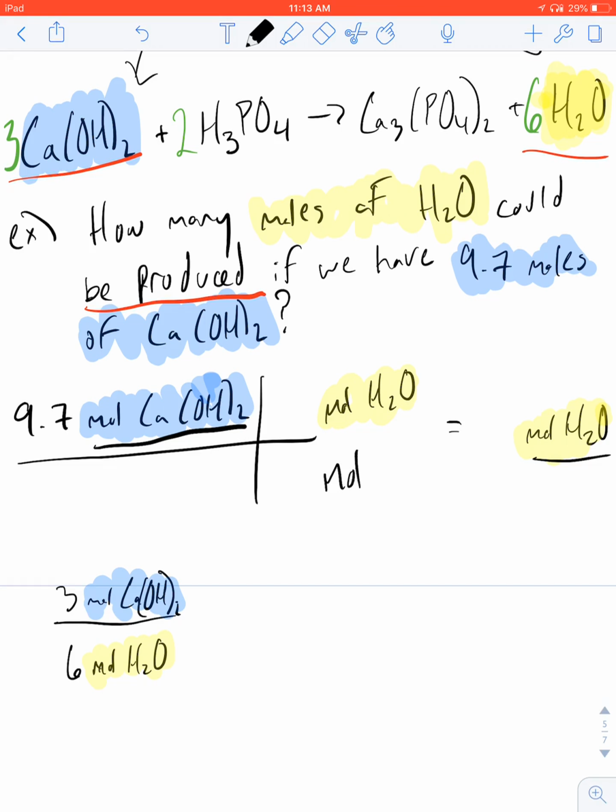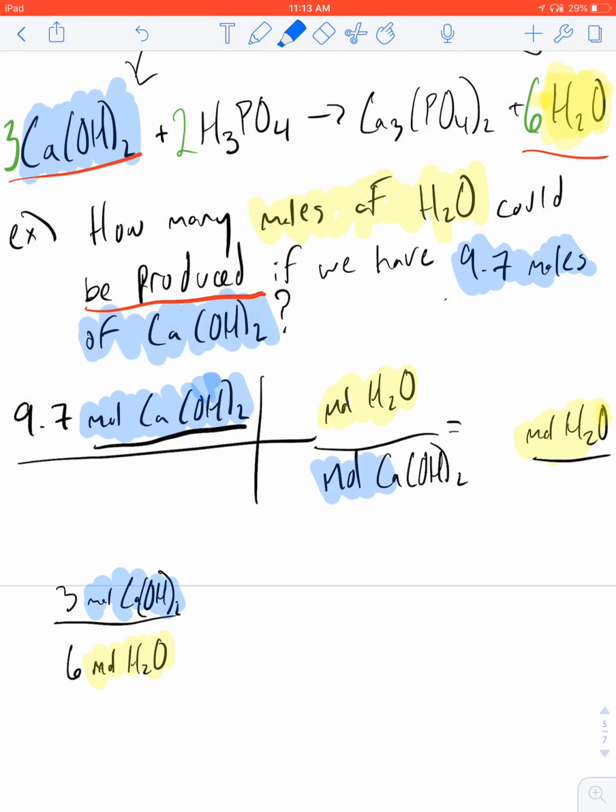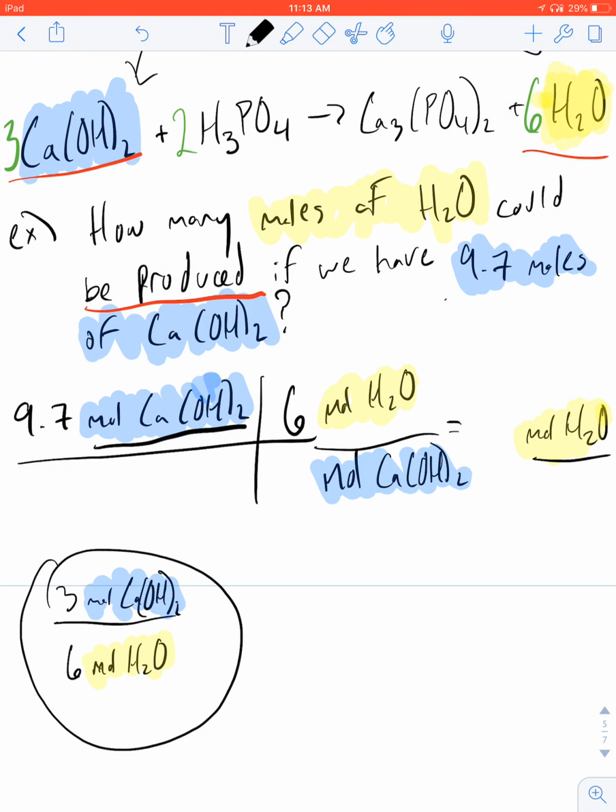So we need moles of calcium hydroxide in the denominator. Let's go ahead and highlight that. Just using this mole ratio here, keeping the numbers with the proper units, there's 6 moles of H2O for 3 moles of calcium hydroxide.